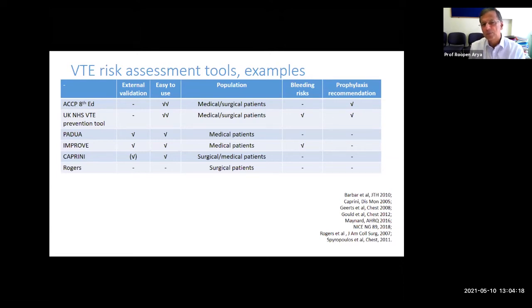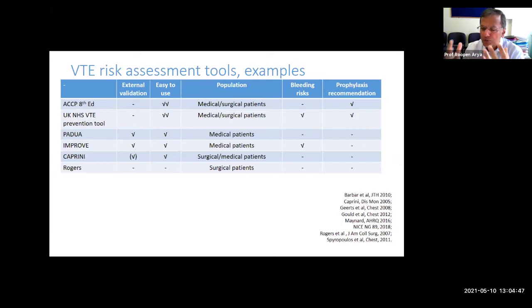And both these examples provide a qualitative approach to risk assessment, which is very much derived from expert consensus, and they have not, unfortunately, been externally validated.